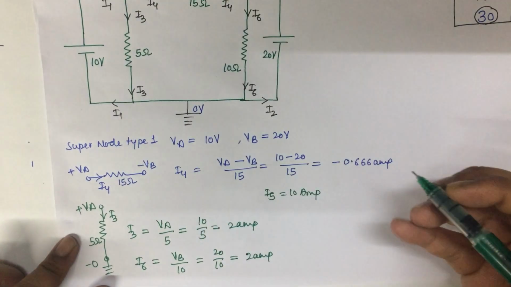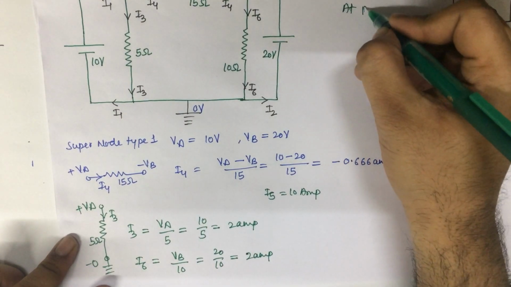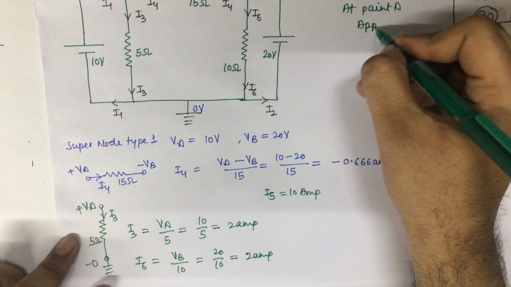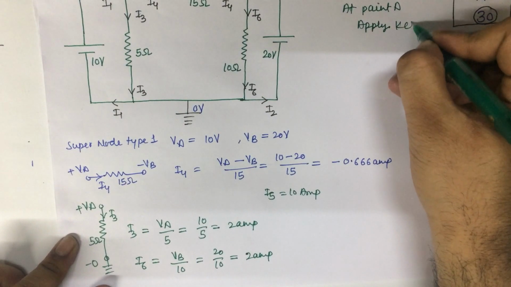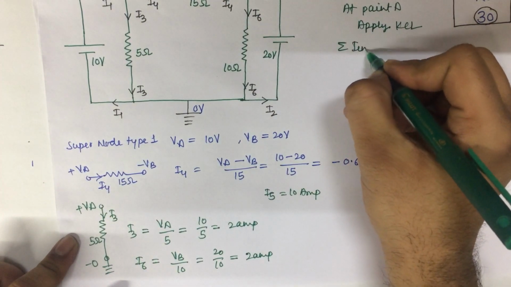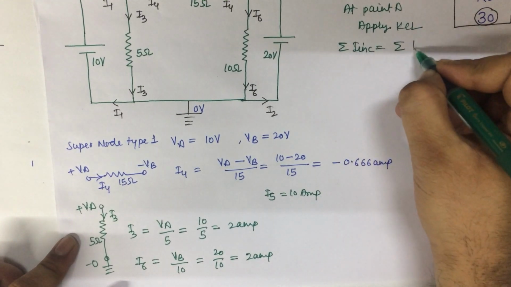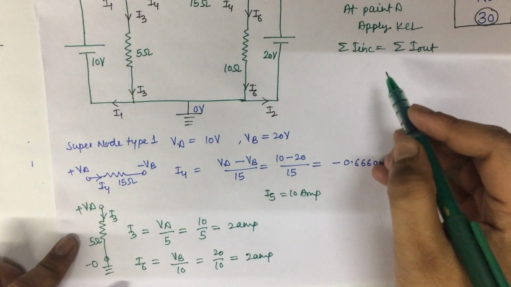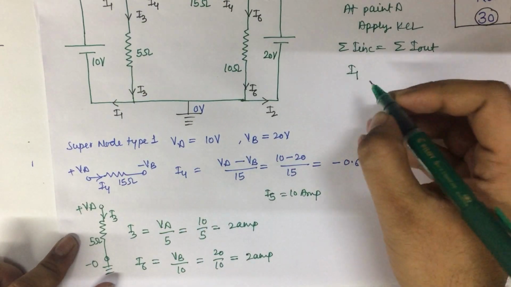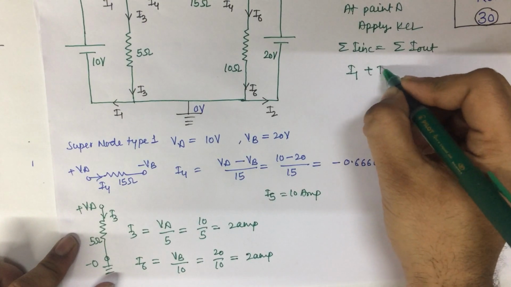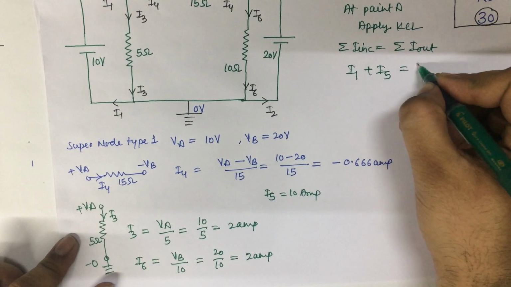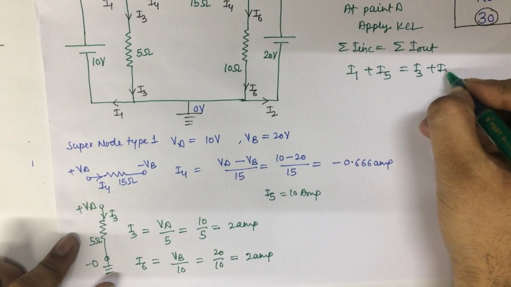So at point A, apply KCL. All incoming current is equal to all outgoing current. What is the incoming current at point A? I1 and I5 incoming. Outgoing are I3 and I4.